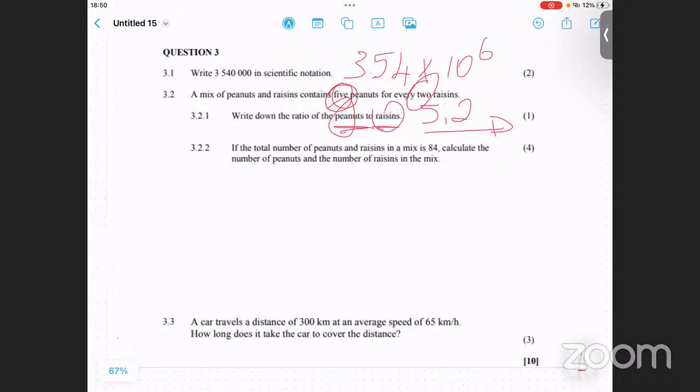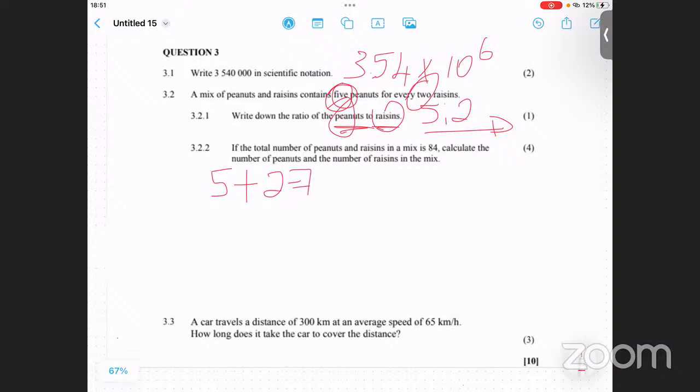Lucy, are you still there? Yes, ma'am. Sorry. How are we going to calculate for this? Ma'am, I think we're going to use the ratio, to set up an equation.